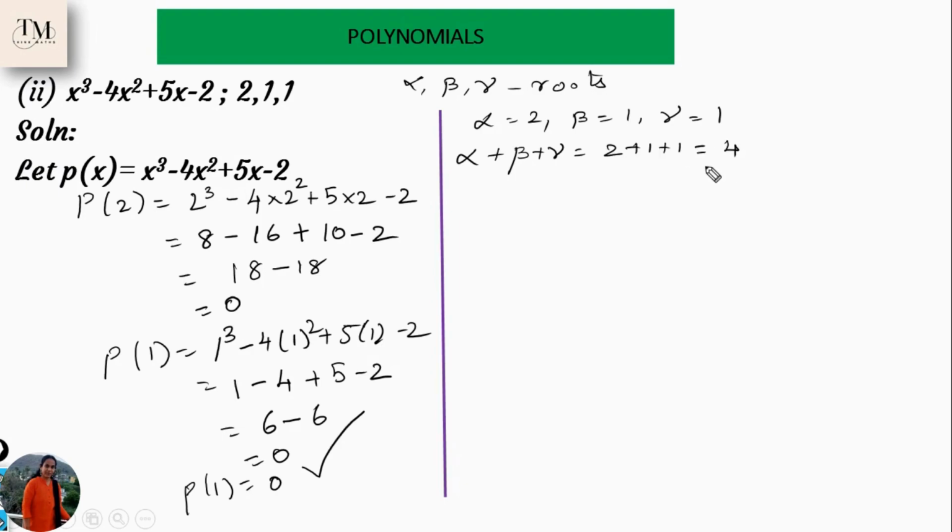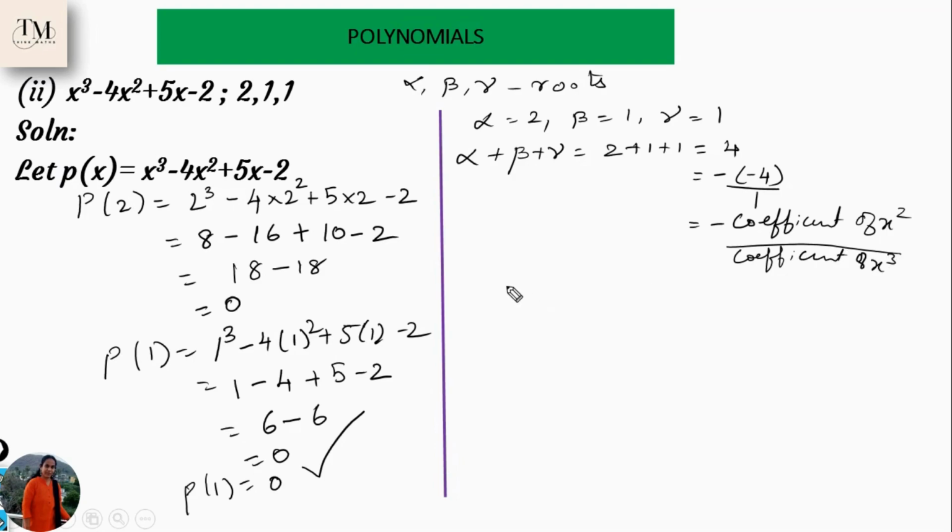So you can write this as minus of minus 4 divided by 1. Minus of minus 4 is nothing but coefficient of x square, and 1 is nothing but coefficient of x cube. So the first relation is proved.